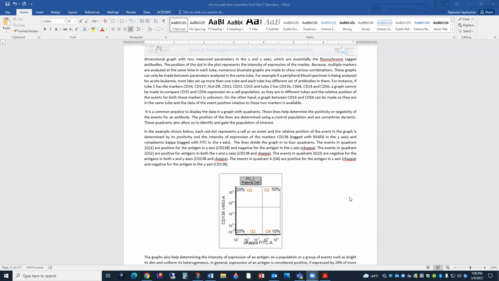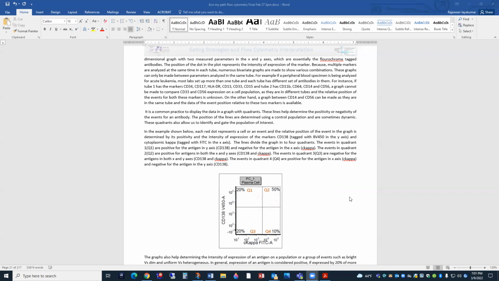But for example, if your flow cytometer has the ability to analyze 8 fluorochromes or 8 antibodies at one time, that means in each tube you can use up to 8 antibodies, or the antigen, antibody and fluorochrome combination, basically.